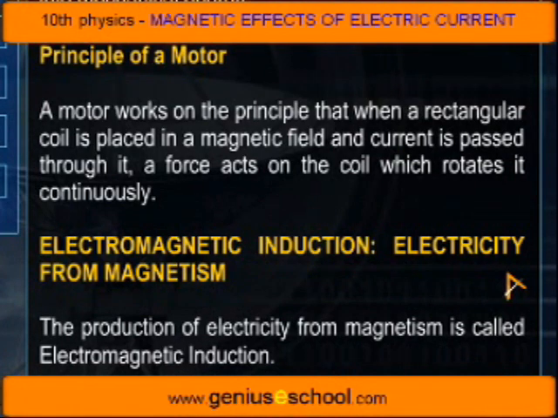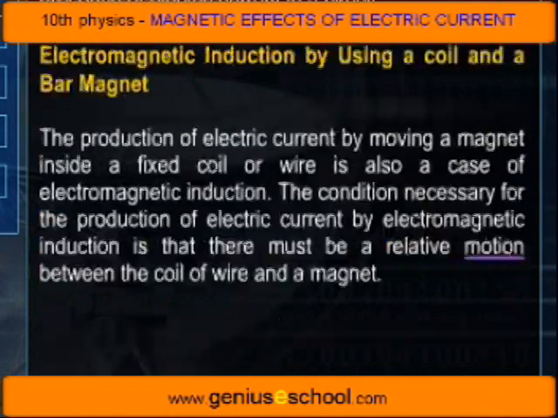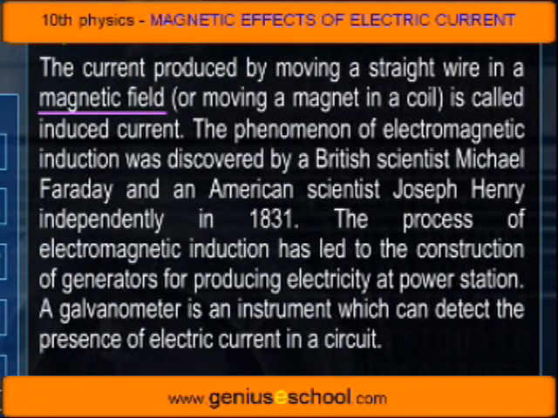The production of electricity from magnetism is called electromagnetic induction. The current produced by moving a straight wire in a magnetic field or moving a magnet in a coil is called induced current.